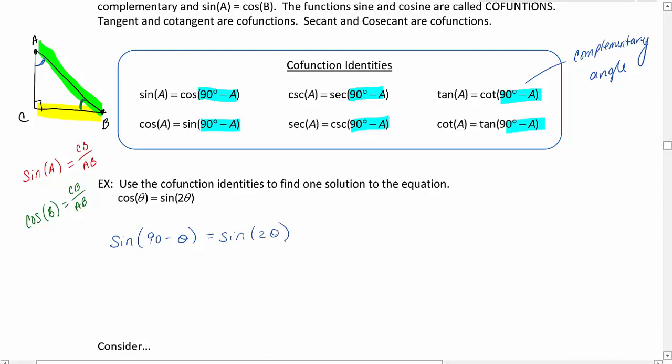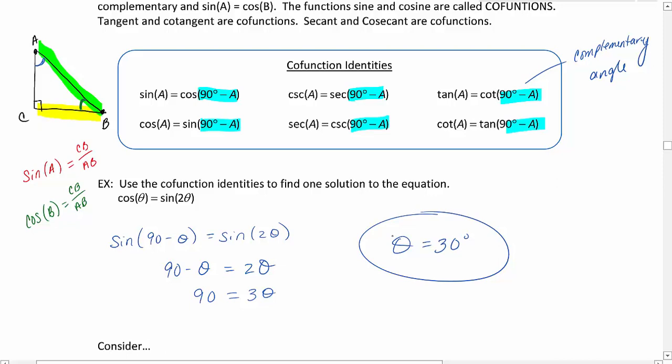Now that we have the same trig function on both sides, we can simply set the two arguments equal to each other and solve. This gives us 90 equals 3 theta, dividing both sides by 3. We get a final answer that theta is equal to 30 degrees.